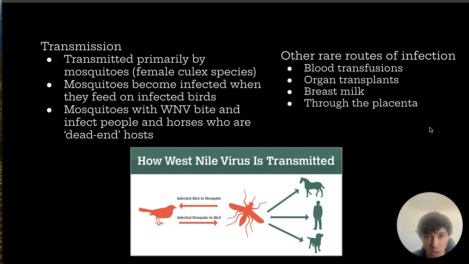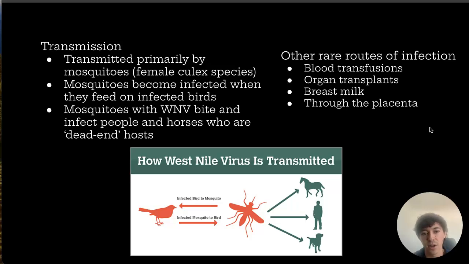The transmission, it's primarily transmitted by mosquitoes of the female Culex species. In some cases, it's seen that ticks also carry the virus, but that's very rare. Then there's a cycle within the cycle where mosquitoes become infected when they feed on infected birds. So a mosquito will infect a bird, and then another mosquito will feed on that bird and then contract the virus.